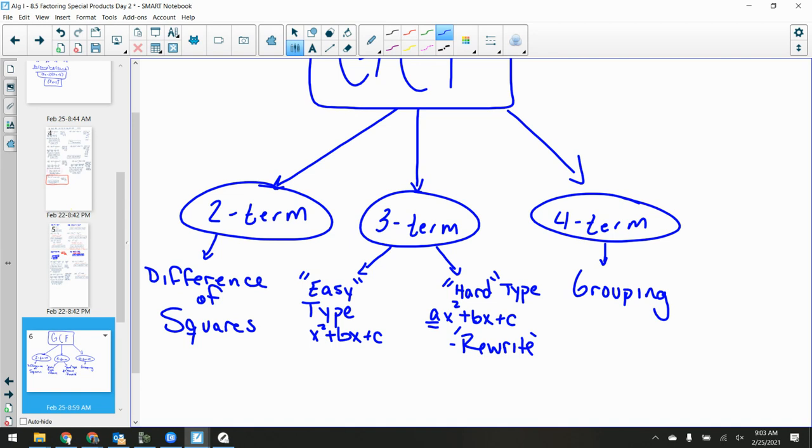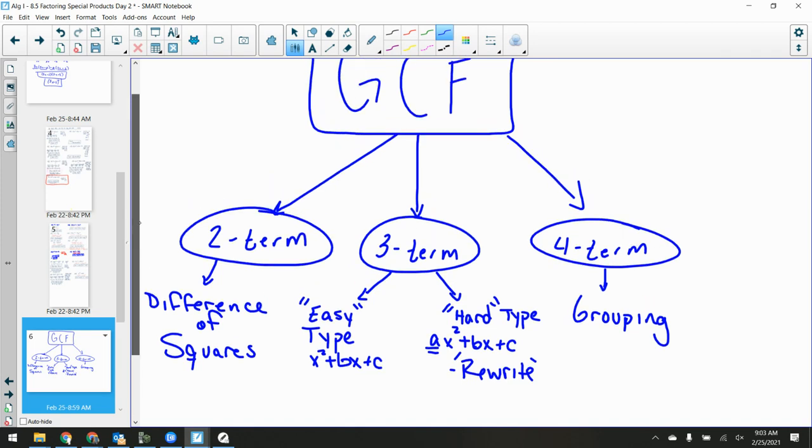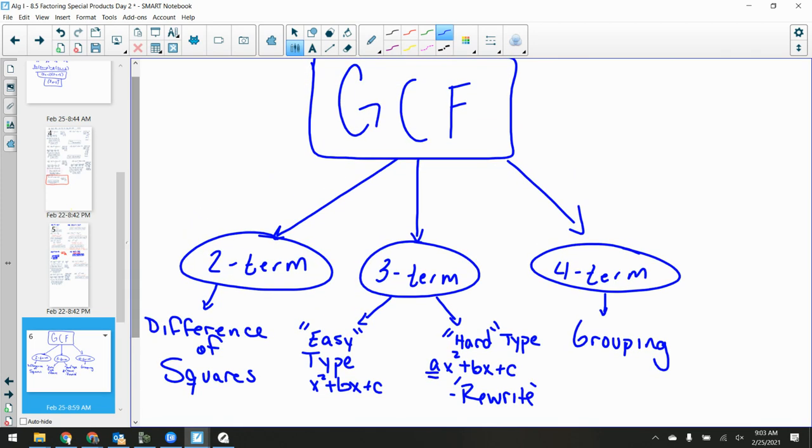If you follow this flowchart, it'll tell you exactly what to do when. You always start with the GCF, and then you decide whether it's 2 terms, 3 terms, or 4 terms. If it's 2 terms, you check for a difference of squares. If it's not, then you're done.